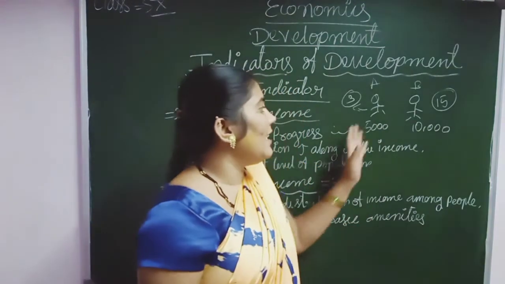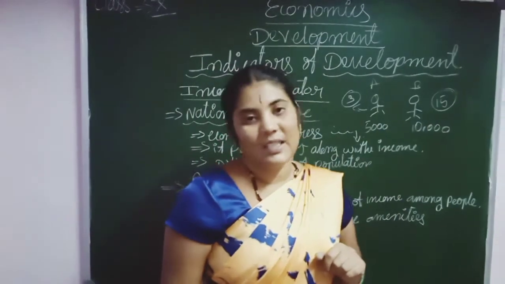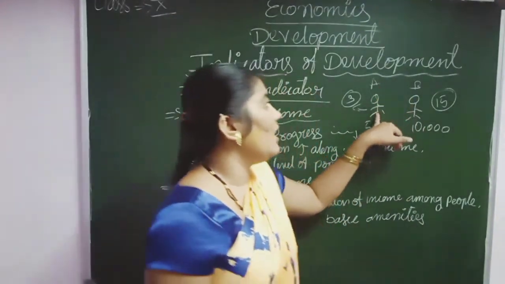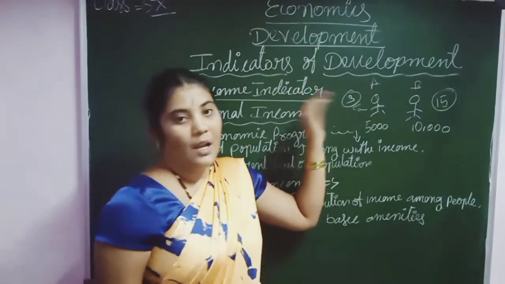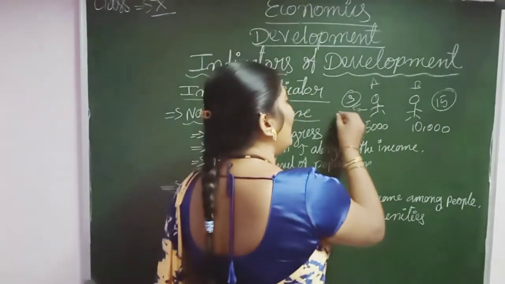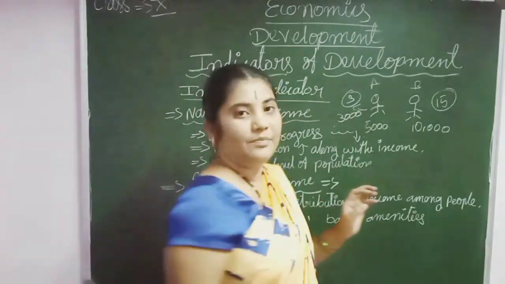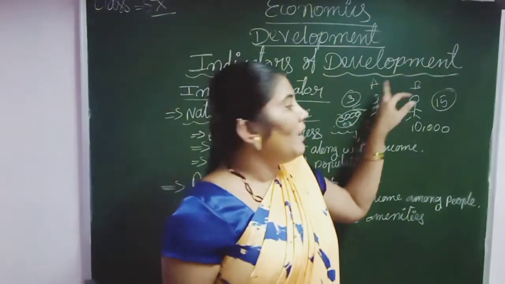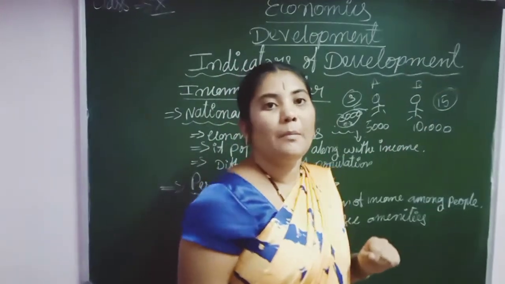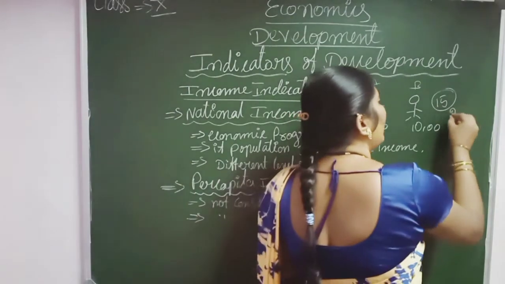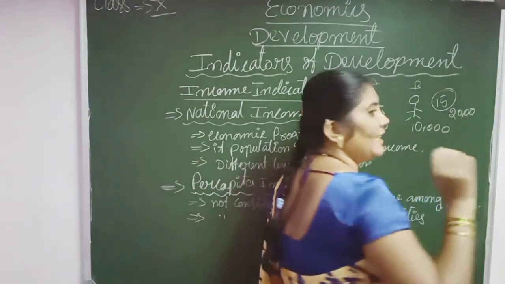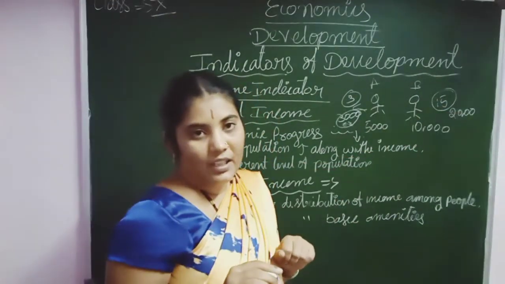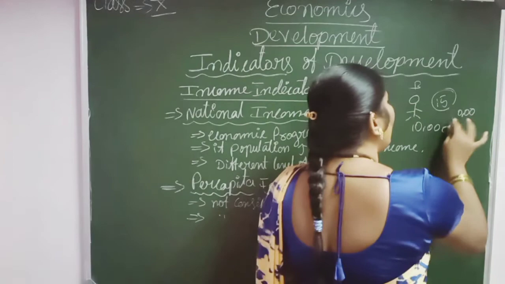Easily, by seeing the income, we say that B is rich. But A has to maintain 3 members, so his expenses are very low, like 3,000 rupees per month. B has to maintain 15 members, so he should spend at least 20,000 rupees, or 10,000.